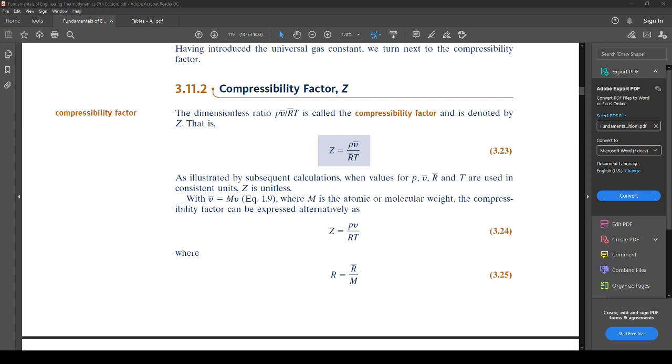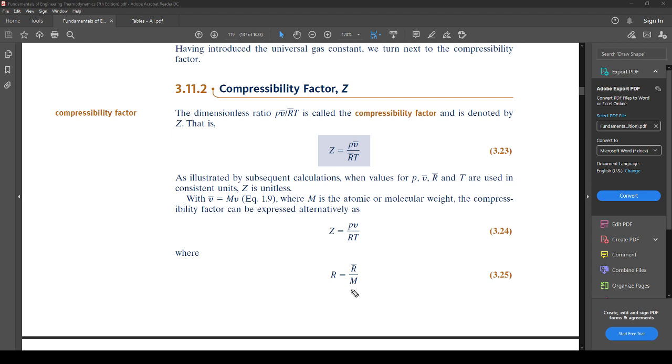I think this one is per mole, and I think this one's per mass. And then they replaced R with the universal gas constant divided by the molecular mass of the gas, so you get one that is in terms of mass. So you can do them both ways.